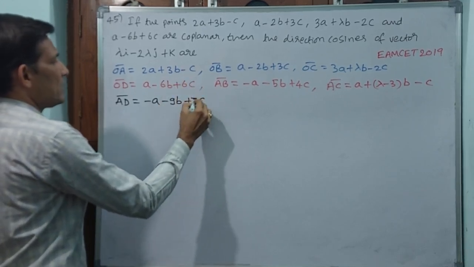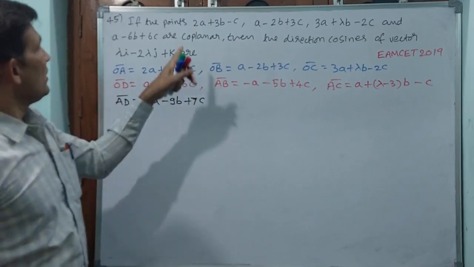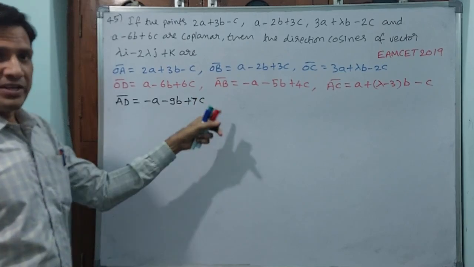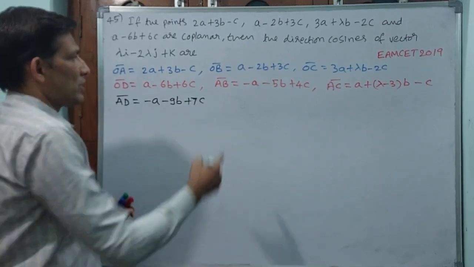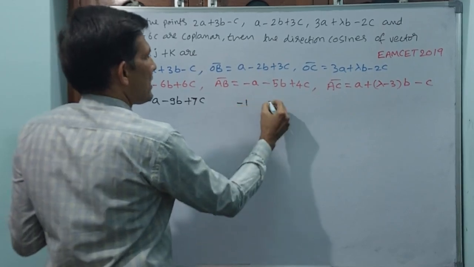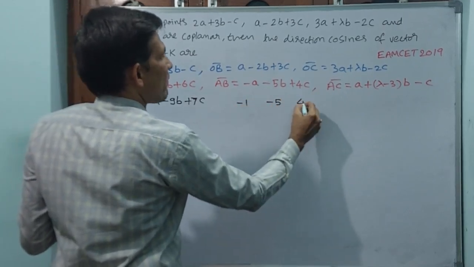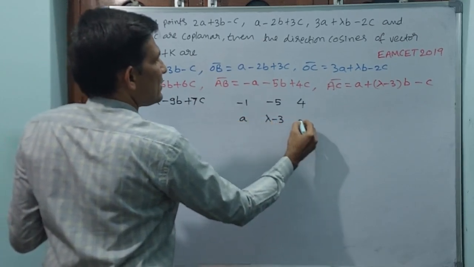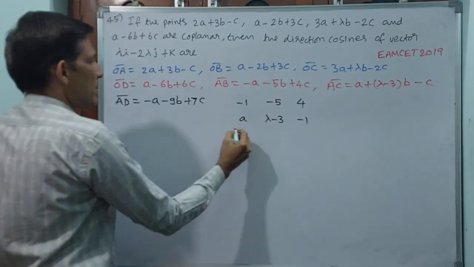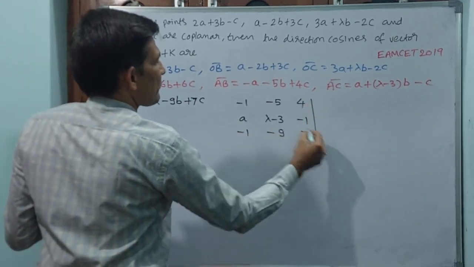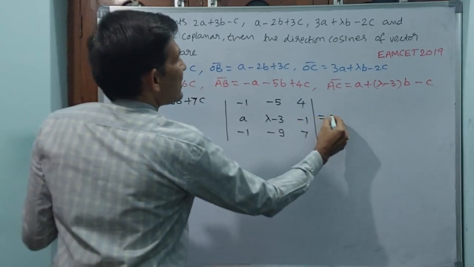Okay. Now coplanar they are mentioning. Coplanar means what I have to do? I have to equate the determinant to 0. Write down: minus 1, minus 5, 4; 1, lambda minus 3, minus 1; minus 1, minus 9, 7. This we will equate to 0.